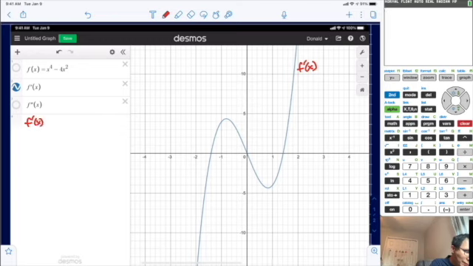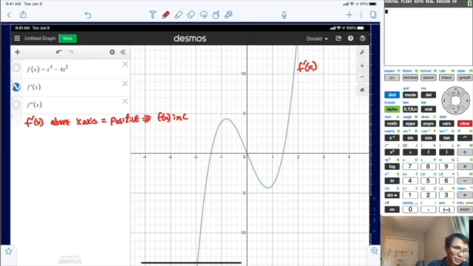If the f prime of x graph is above the x-axis, that means it's positive, and positive f prime of x tells me f of x is increasing. If f prime of x is below the x-axis, it's negative.